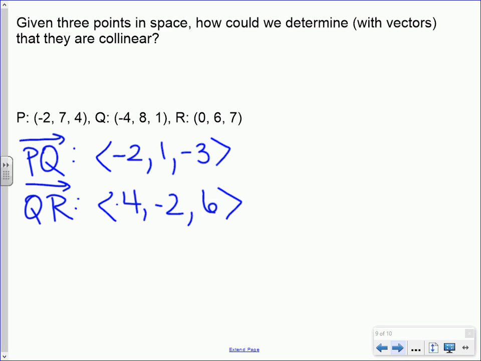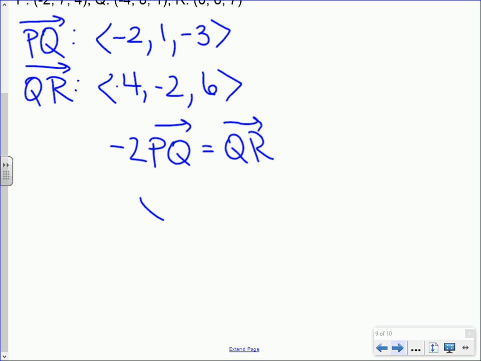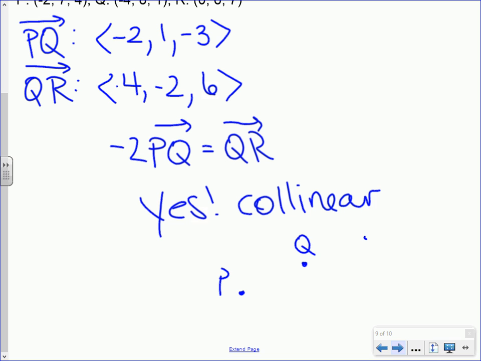Are these 2 vectors scalar multiples of each other? Yes, they are. If we take PQ and multiply it by -2, then we have the vector QR. Since they're scalar multiples of each other, yes, they are collinear. What's happening is we have P, Q, R. They're going in opposite directions, but they make a line.